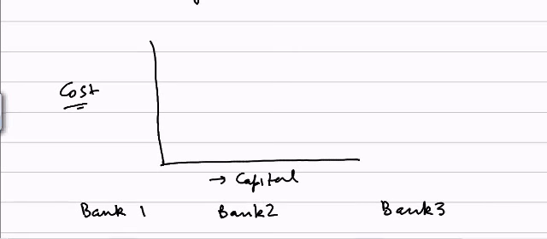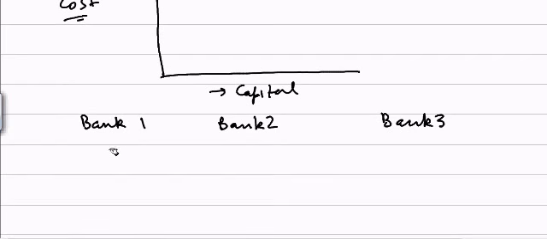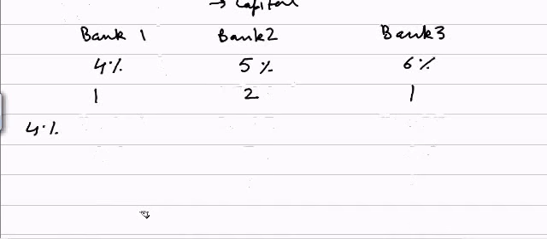When you want to generate your first 1 million, you go to bank 1 and your cost will be 4%. But if you want to generate one additional million, you won't go to bank 3, you go to bank 2, because bank 1 is not giving you any more loan.